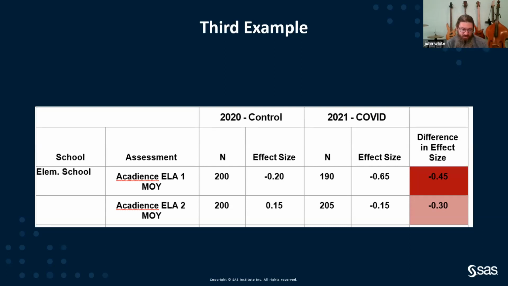But it is, again, to go through an example of just interpretation on the bottom. In grade 2, this is saying this elementary school performed on average better than the average experience across all LEAs in 2020, because that's where we created the model based on that control year in 2020.